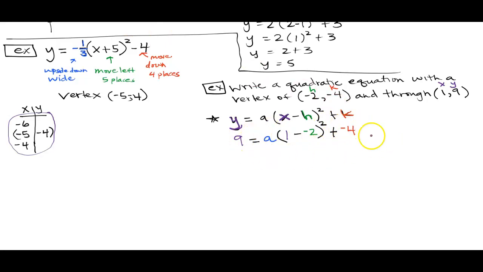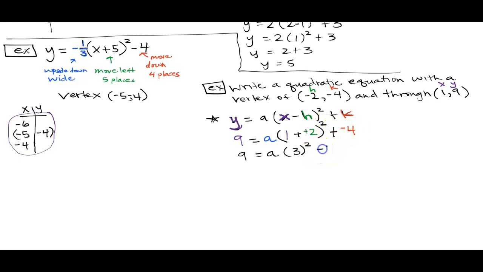Now we just need to simplify things so we can solve for a. Are you clear on where I put all those numbers and why I put them where I did? Yes. Okay, let's use order of operations. When I'm doing minus a negative, that's really adding, so 1 plus 2 is 3, and then I have the squared.